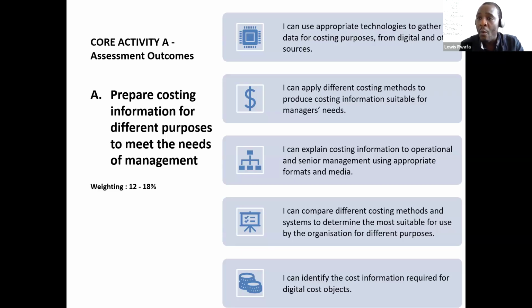Different costing methods to produce costing information. Like I said earlier, what is the current costing method that Halfpenny is using? And if there are going to be any changes, what other alternatives can you bring up, explain, and tell us the benefits of? Can you explain that in simple terms? You are going to be explaining some of this information as a finance officer.